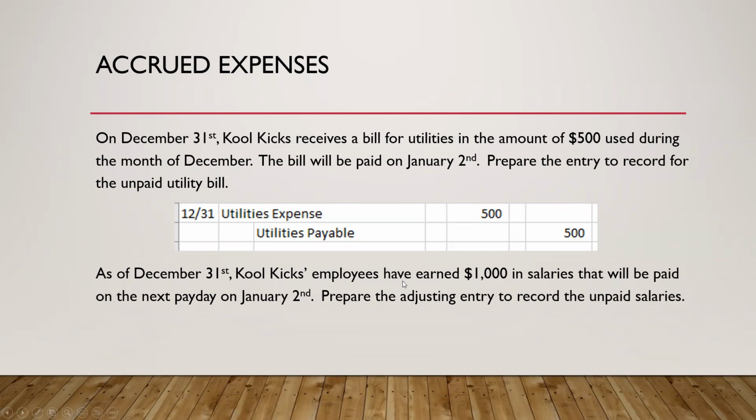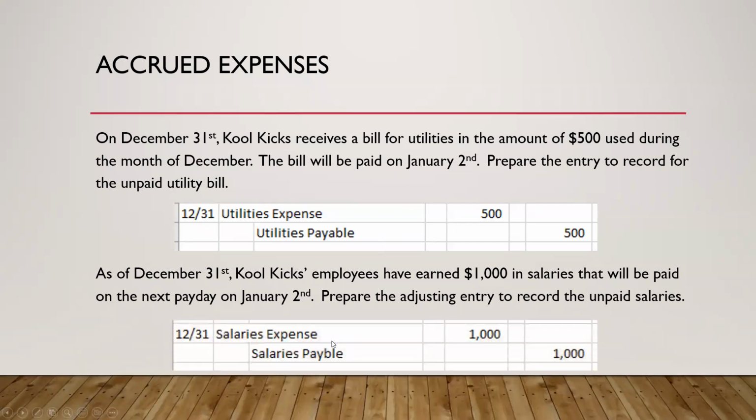We have received the benefit of those employees working. Yes, they earned their pay, but we got the benefit of them working, but we haven't paid them their money yet. So the actual cash payment will happen on January 2nd, but we owe them the money today. So when we do the entry, we'll see a debit to the expense and a credit to the payable.